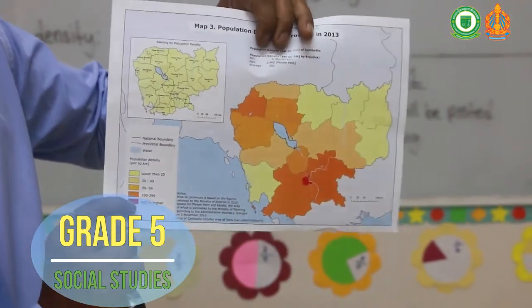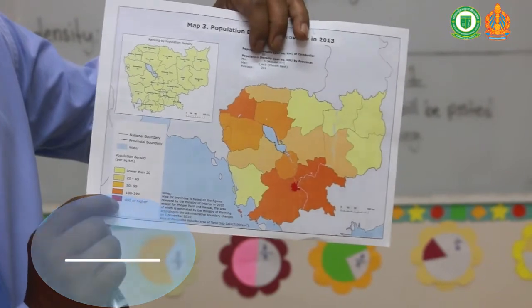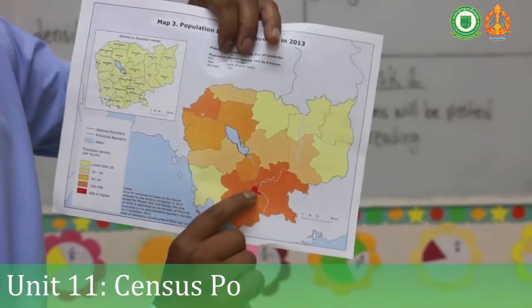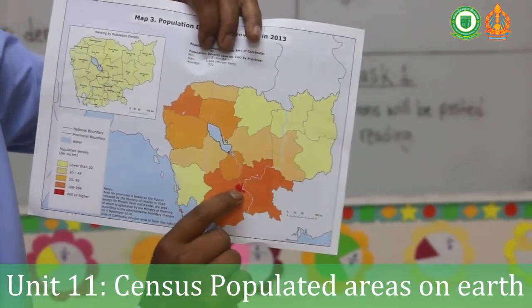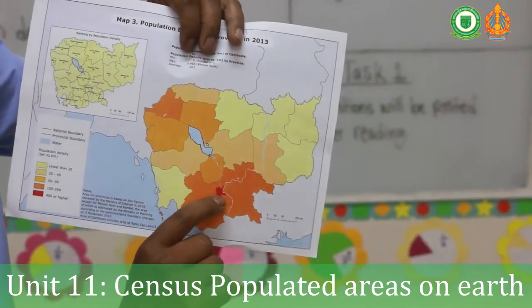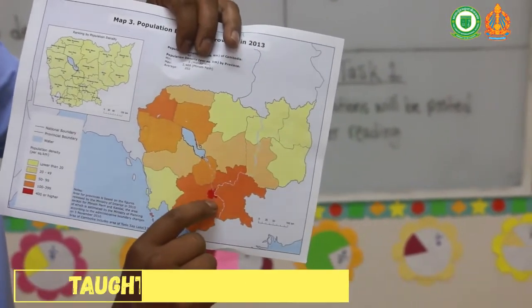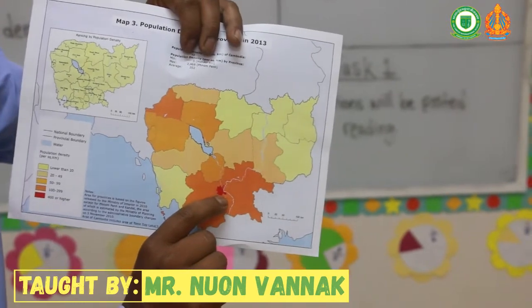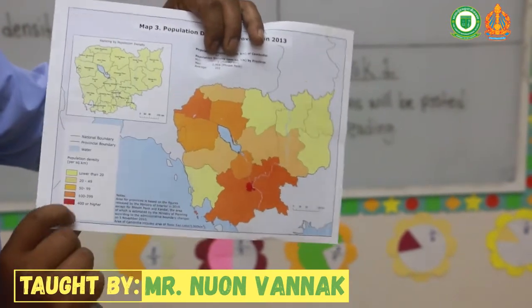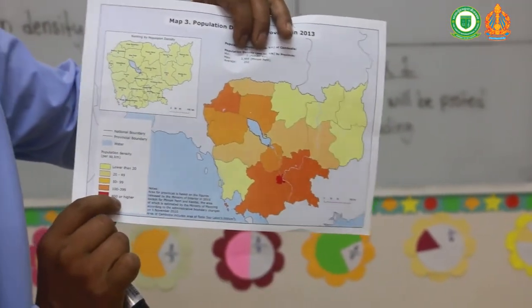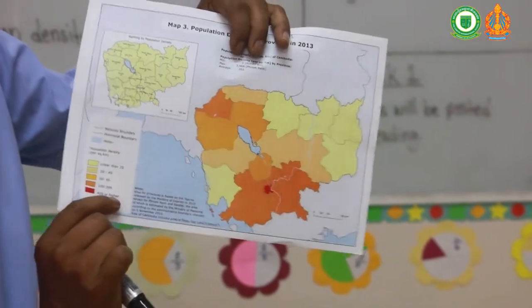And moving along to the color red, the only red we have is here in Phnom Penh. This shows where a lot of people live. Even though it's a small area, it's the capital, but for some reason people like to live in Phnom Penh. So the density for Phnom Penh is 400 or higher, okay?